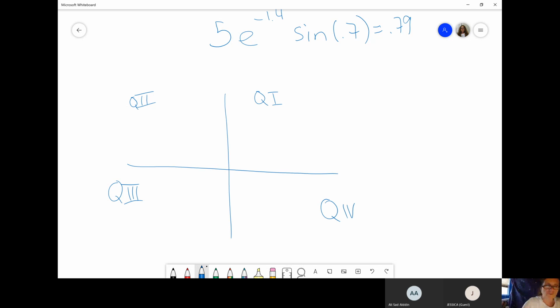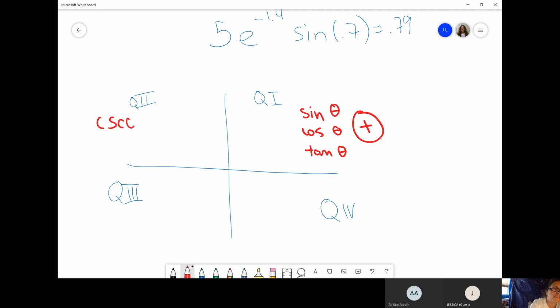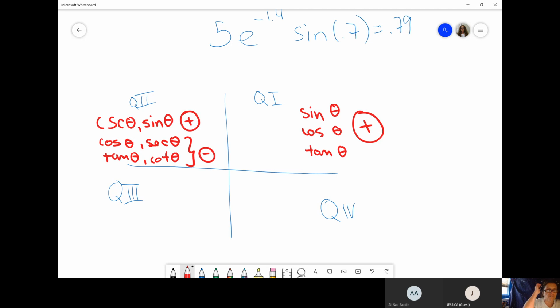In the first quadrant, all trig functions, sine, cosine, and tangent, and of course the reciprocals of all three of them, are positive. In quadrant 2, the cosecant and the sine of theta are positive. The rest is negative. So cosine, secant, tangent, and cotangent are all negative in quadrant 2.